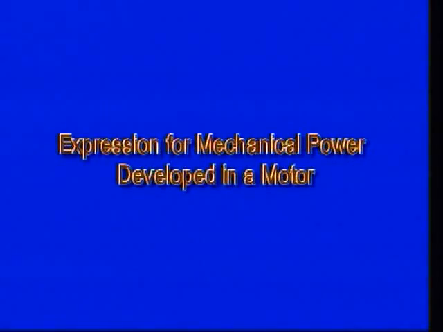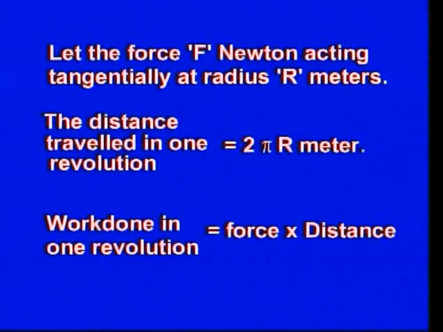Now let us find the formula for mechanical power developed in an electric motor. Let the force F Newton act tangentially at radius r meters. The distance travelled in one revolution is equal to 2 pi r meter, because the distance travelled in one revolution means it is the perimeter. Work done in one revolution is equal to force into distance.